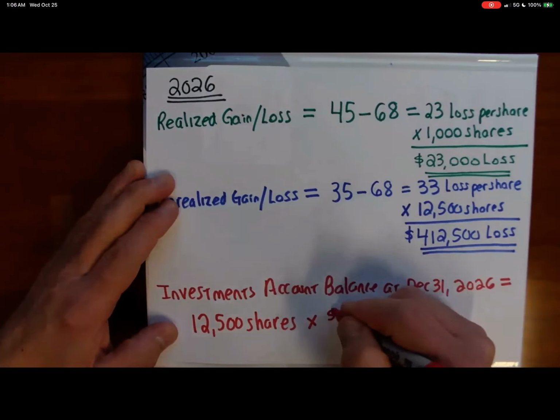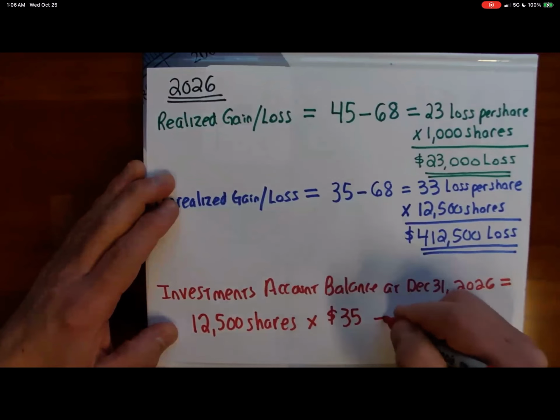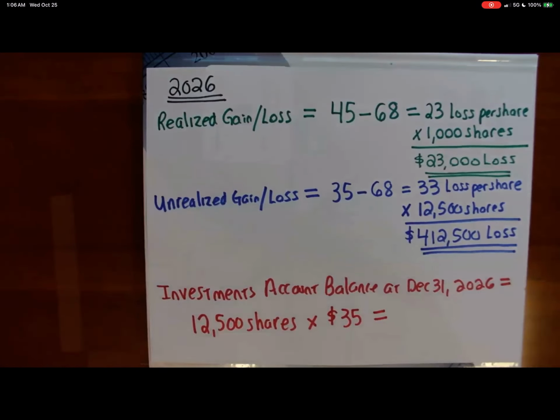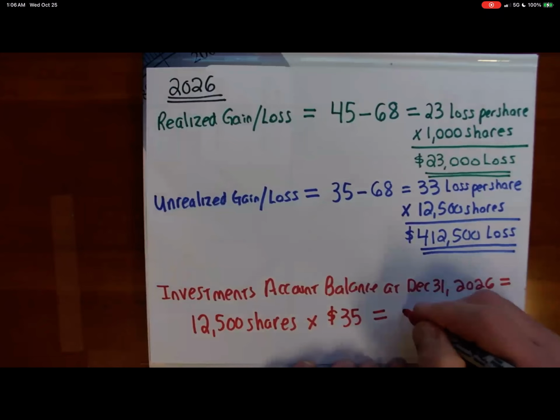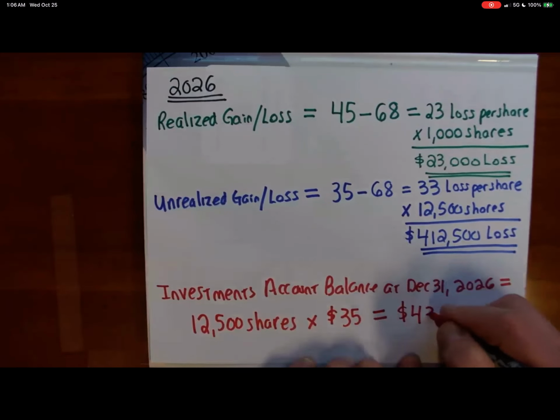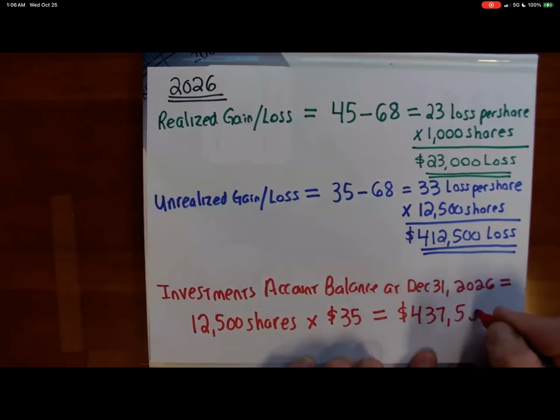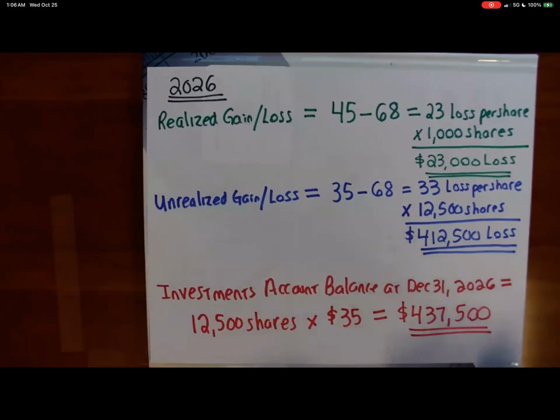So multiply that by 35. And the balance in the investments account would be 437,500. Those are the calculations. That's it.